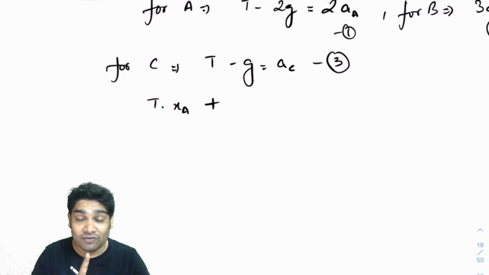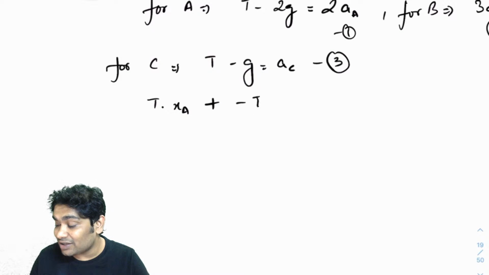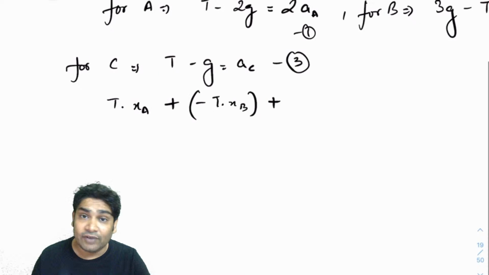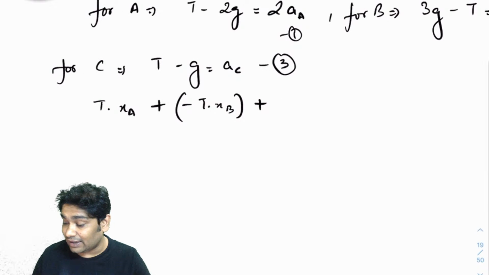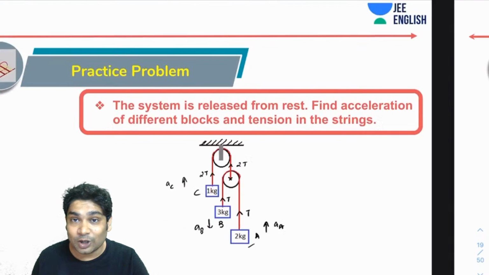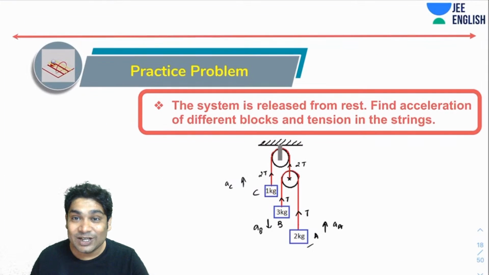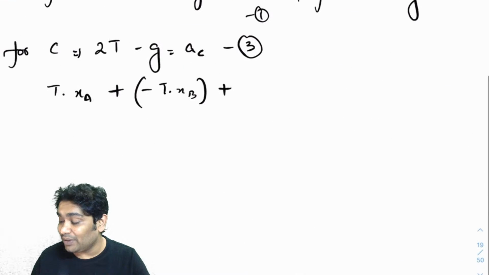On B the tension works negative, because the tension is acting up and I've assumed B to be going down. So it will be minus T times x_B. For C again, it will be positive, because the tension is acting up. Yes, I need to correct this: the tension acting on C is 2T. So the work on this would be plus 2T times x_C, and this will be equal to 0.